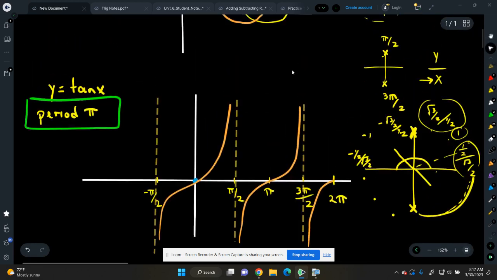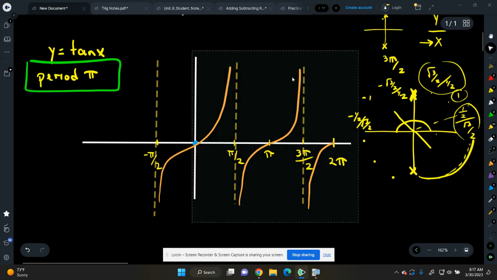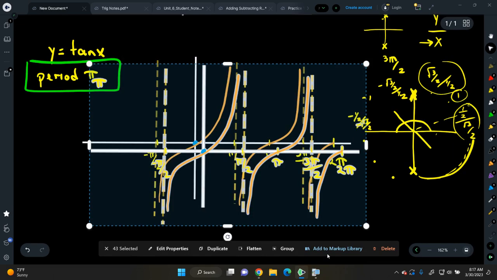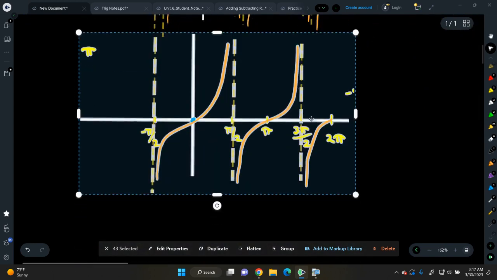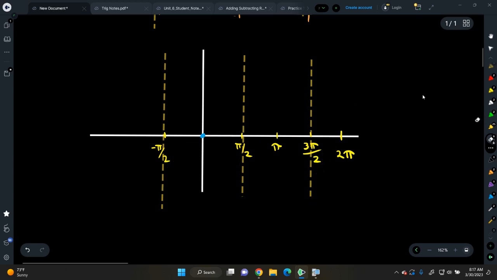Just see if I can copy this and duplicate. There we go. Okay. So what's cotangent? X over y, right? Cotangent is x over y.